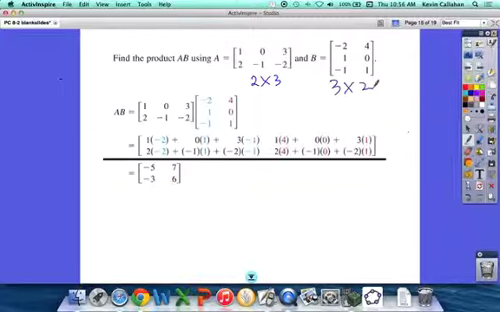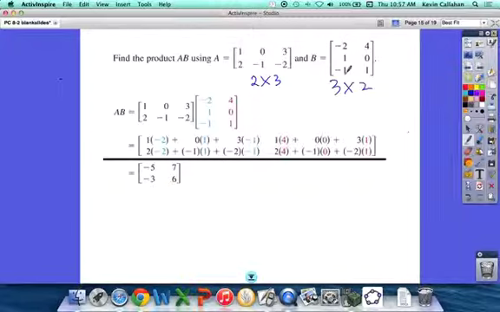Remember the operation we're going through here, right? We're multiplying across the row and down the column. Across the columns of the first matrix, down the row of the second matrix. What would you do if they didn't have the same number of columns in this matrix and rows in this matrix? It wouldn't work.